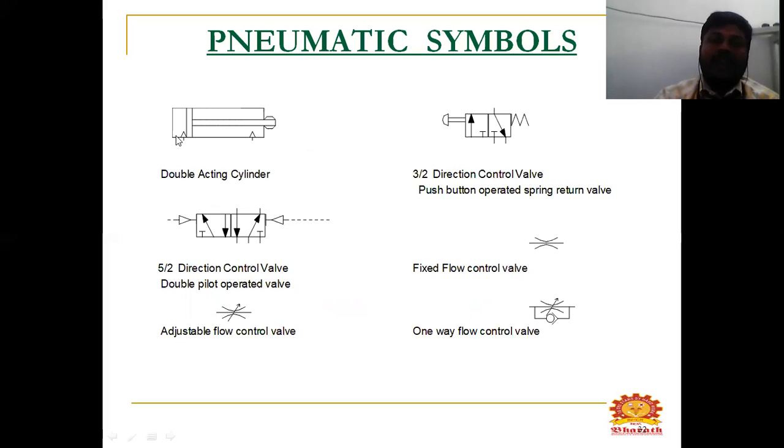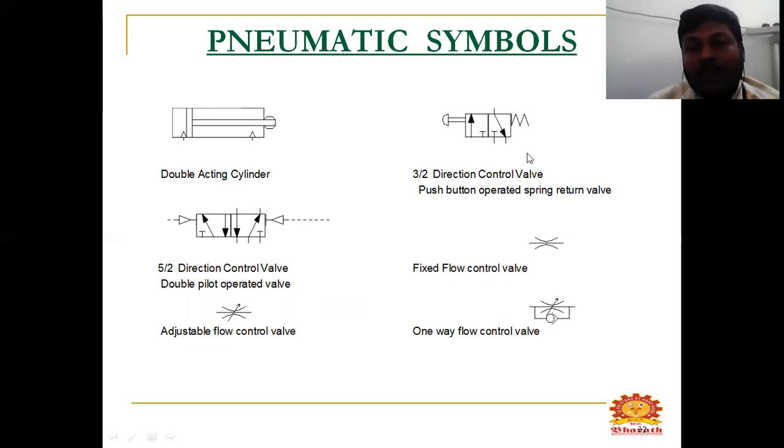If this port acts as an inlet, this port acts as an outlet, and if this port acts as an inlet, this port acts as an outlet. If this port is the inlet, the cylinder will start to extend. If the other port is changed to be the inlet, the cylinder will automatically retract.